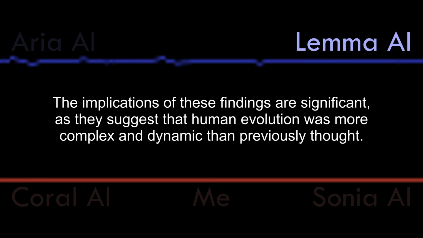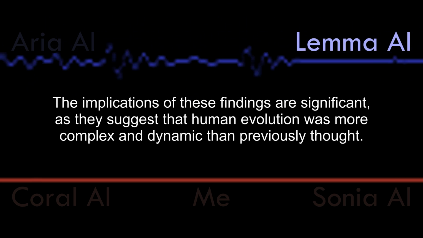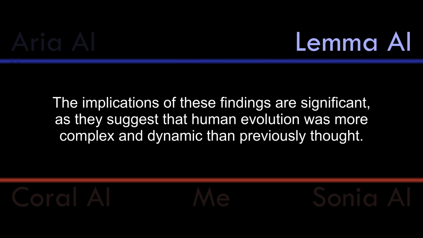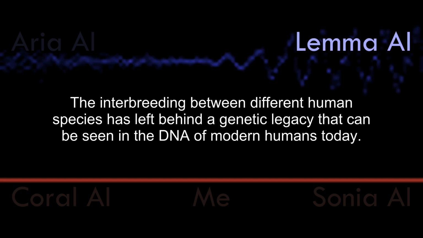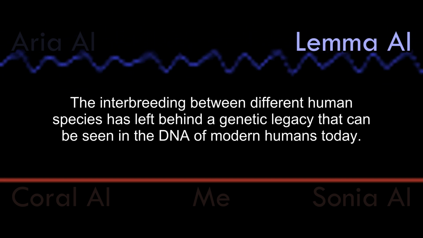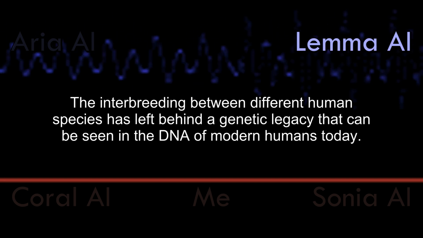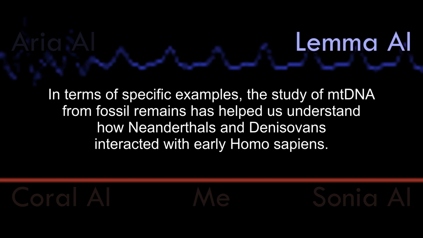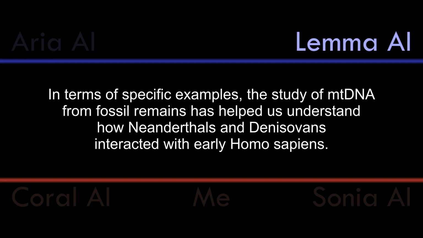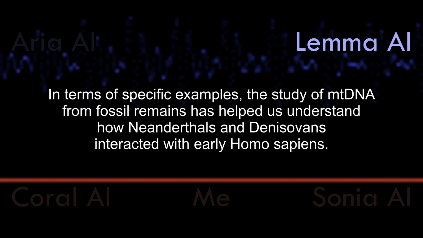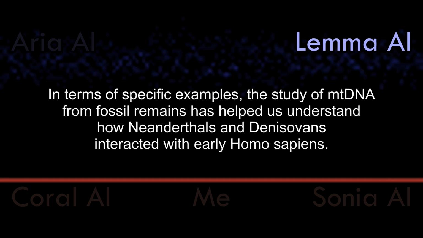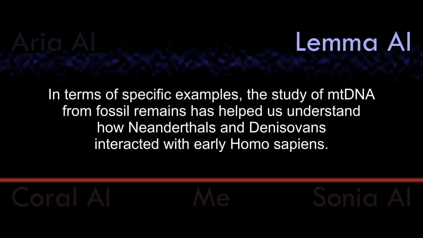The implications of these findings are significant, as they suggest that human evolution was more complex and dynamic than previously thought. The interbreeding between different human species has left behind a genetic legacy that can be seen in the DNA of modern humans today. In terms of specific examples, the study of mtDNA from fossil remains has helped us understand how Neanderthals and Denisovans interacted with early Homo sapiens.